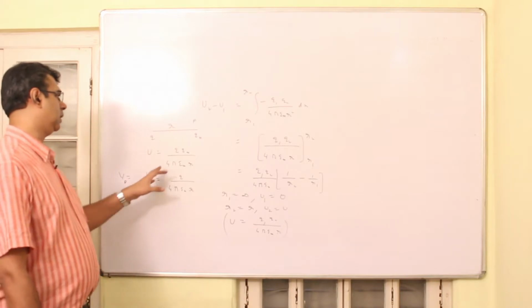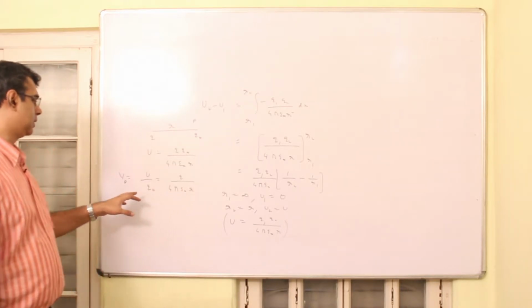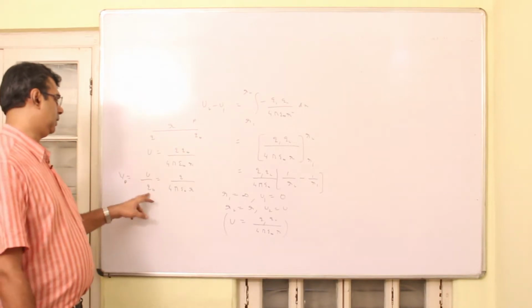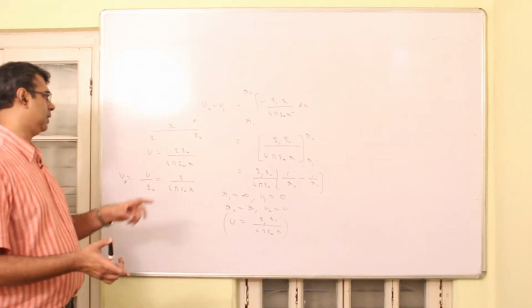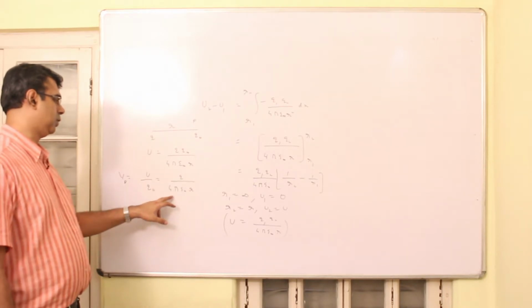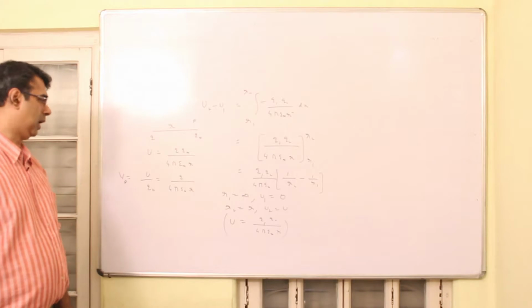So the potential at the point P is the potential energy of a system per unit test charge between the test charge and another charge Q, and the expression of that is Q by 4 pi epsilon naught R.